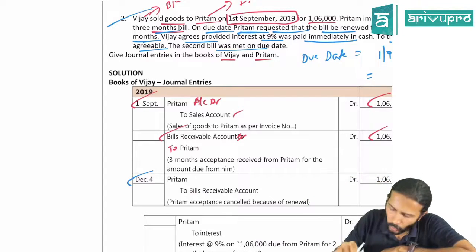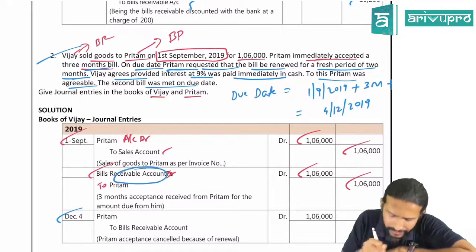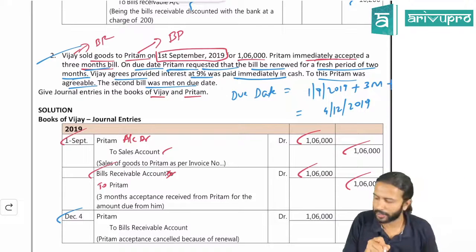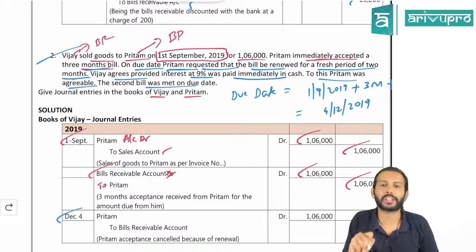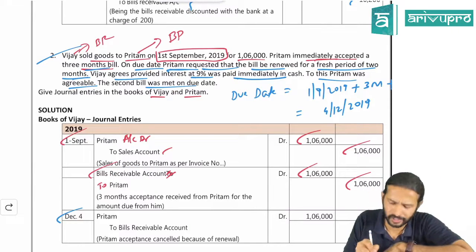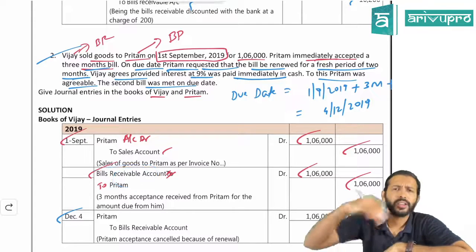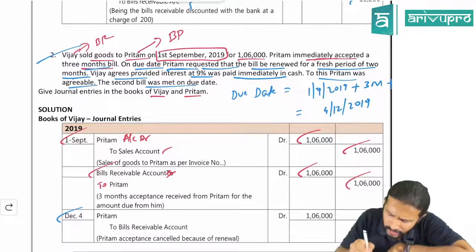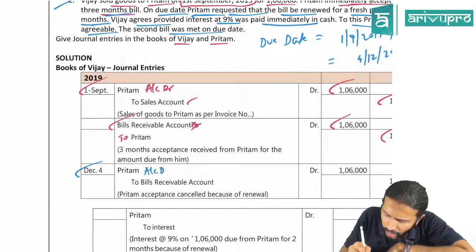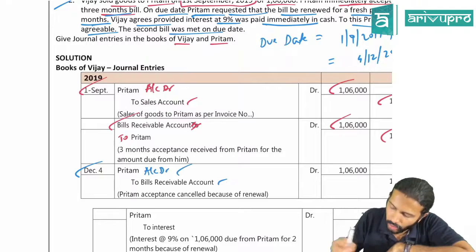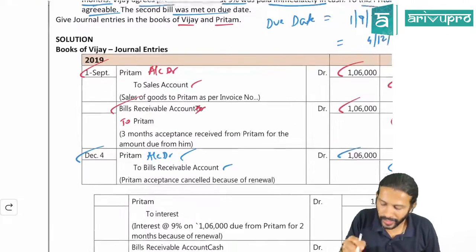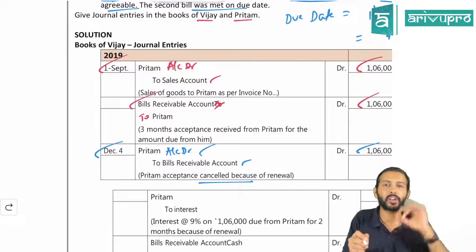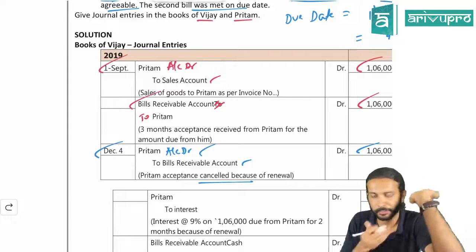When you received the bill from Preetham, what journal entry did you pass? Bill receivable account debit to Preetham. How do you cancel this? You pass the ulta entry: Preetham account debit to bill receivable account, 1,06,000. This is the first entry. This way, I am cancelling my old bill due to renewal. That is the first concept.